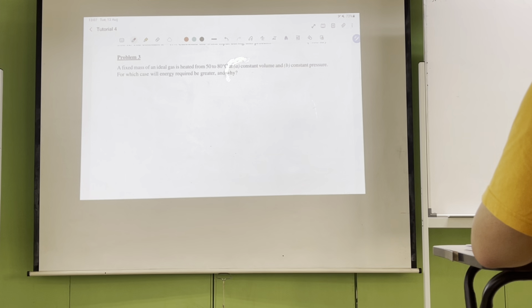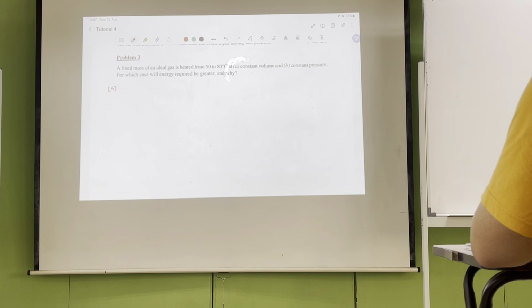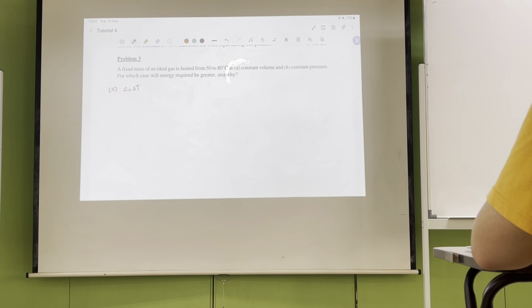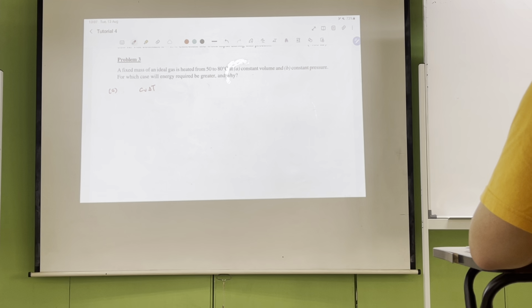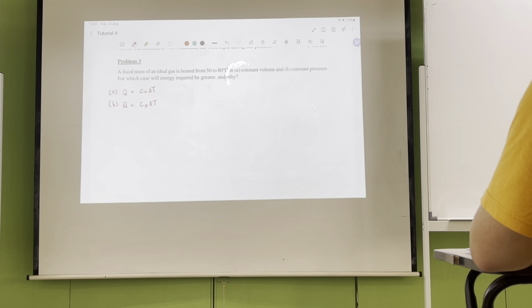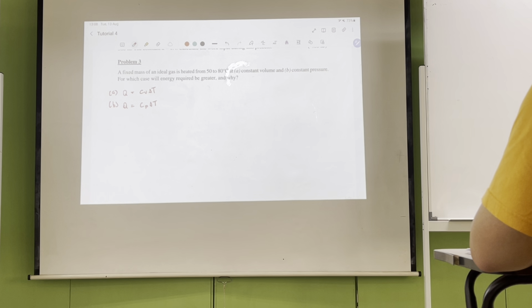So now in both situations, in A, what we get is based on Cv delta T, right? The most straightforward way to look at this is Q equals Cv delta T. While for B, what we look at is Q equals Cp delta T, because this is under constant pressure, the other one under constant volume.